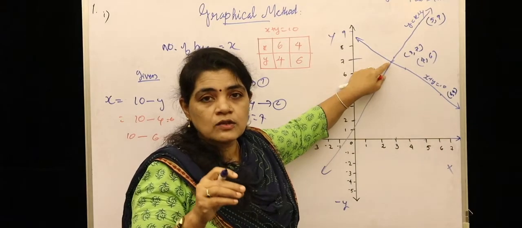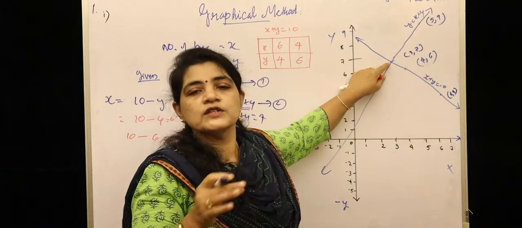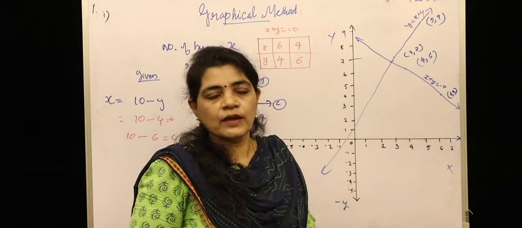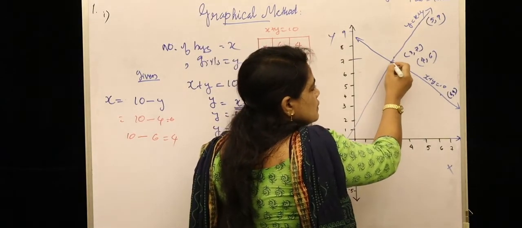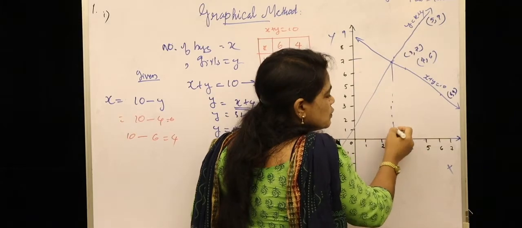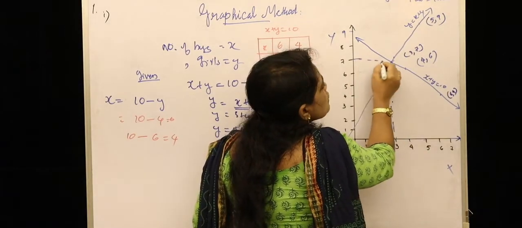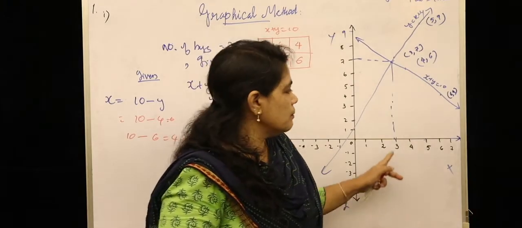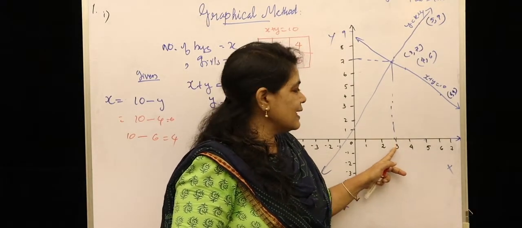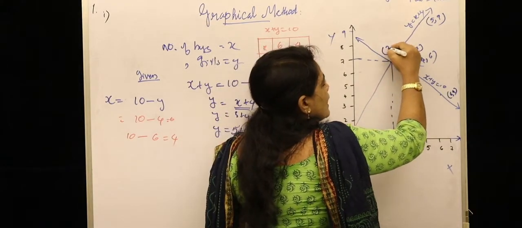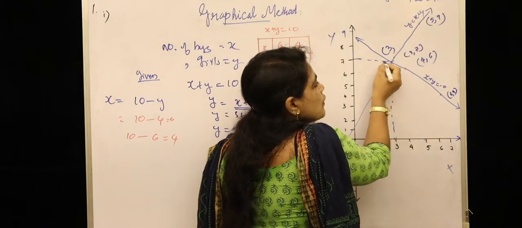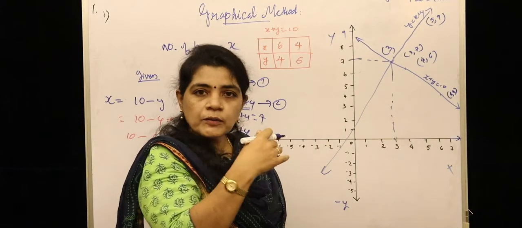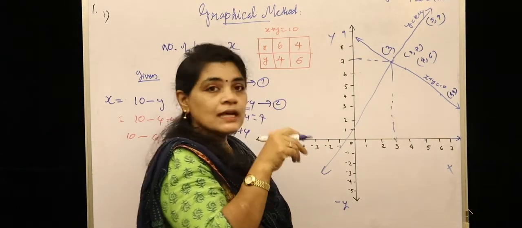The coordinates of the point of intersection of these two lines give the values of x and y. From this point you draw the perpendicular towards the x-axis and towards the y-axis. Where the perpendicular meets the x-axis, that is 3, and from this point you draw the perpendicular towards the y-axis, and that falls at 7.